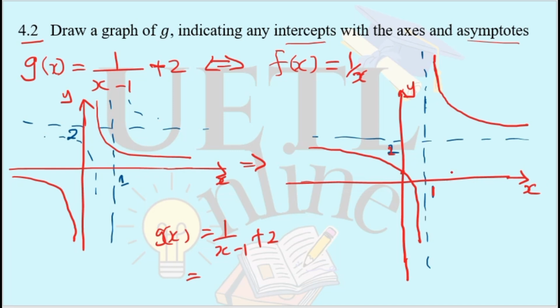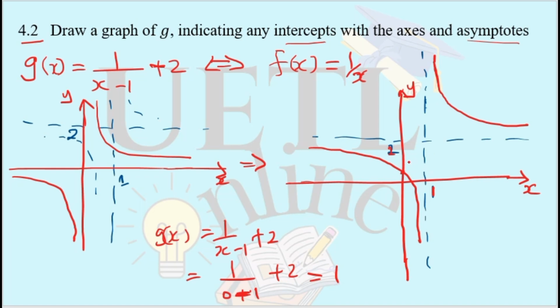We want to find out what the value of this graph is when on the y-axis we put x equals 0. So we have 1 over 0 minus 1, plus 2. This answer gives us 1, so we have 1 here.